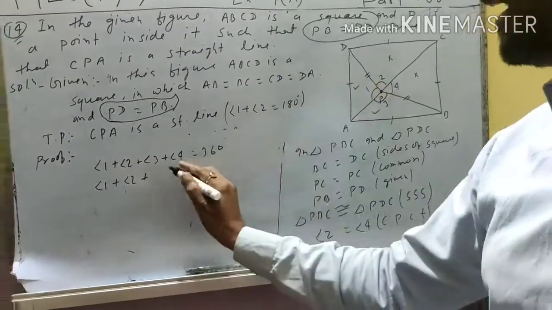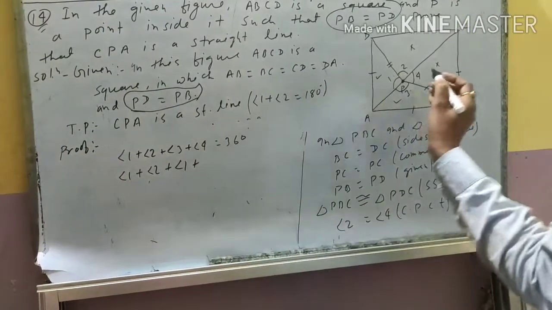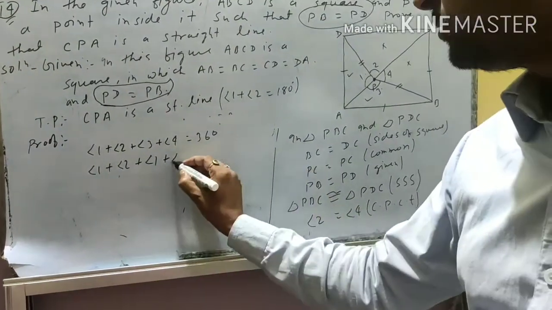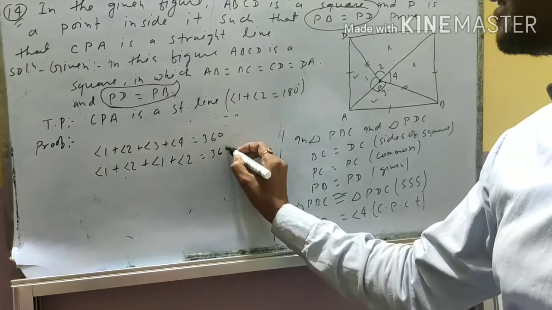Angle 3 can be written as angle 1, and angle 4 can be written as angle 2.